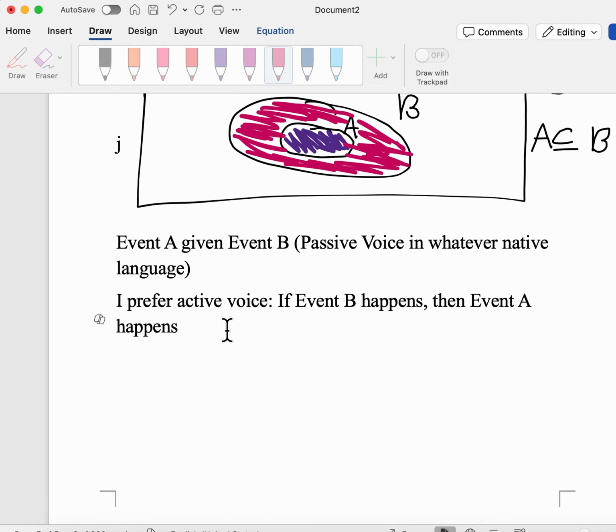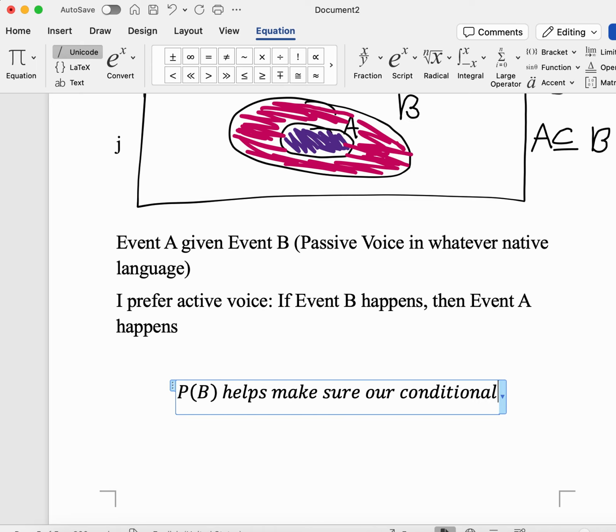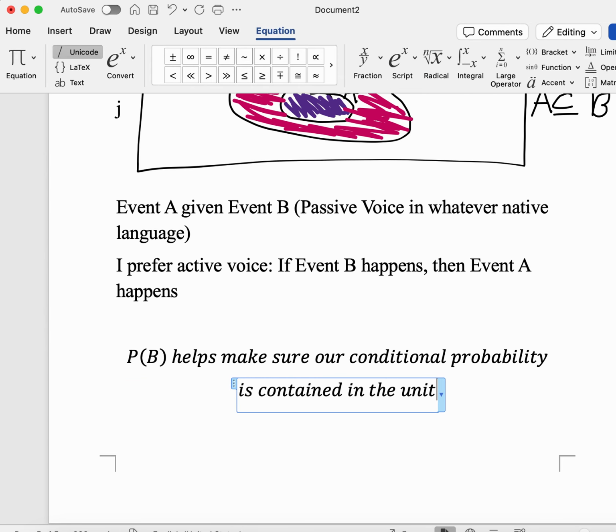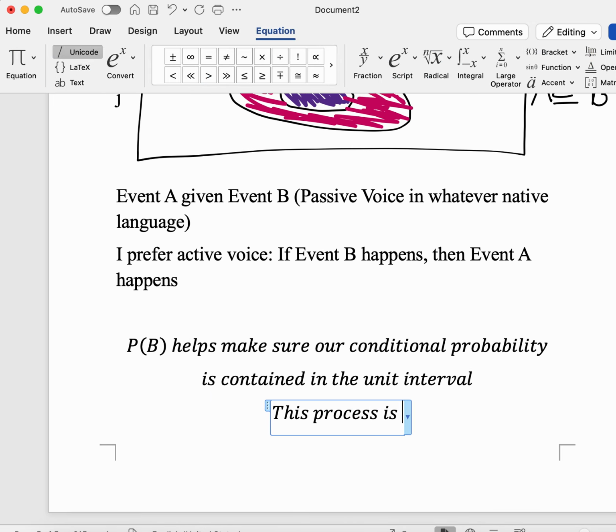So yeah, P of B helps make sure our conditional probability is contained in the unit interval. This process, and really handling this is beyond the scope of most high school courses, is called normalization. This will become relevant when you deal with probability distributions, but that's for another time.